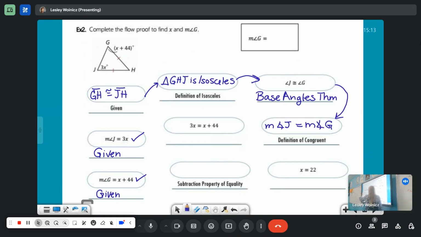Okay, so now that I have an equation, do I know what the measure of angle J and angle G are? Yeah. So what's to stop me from placing them into that equation? What property allows me to swap like that? Yes, it's our good old-fashioned friend, the substitution property.